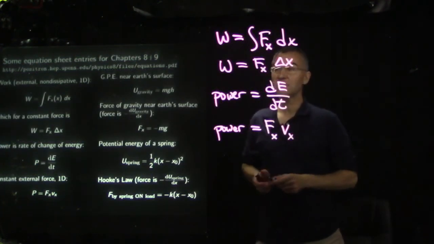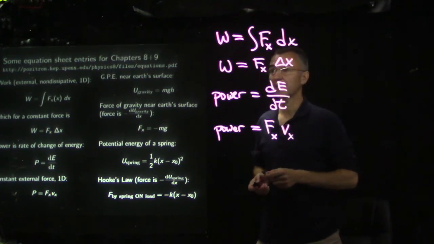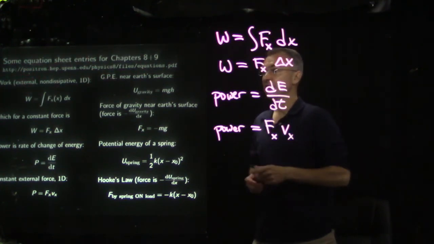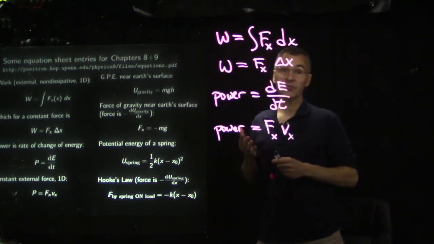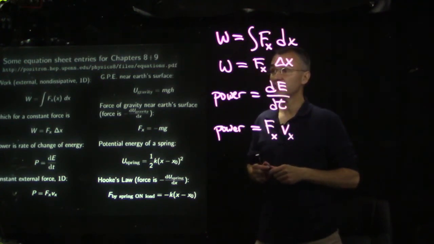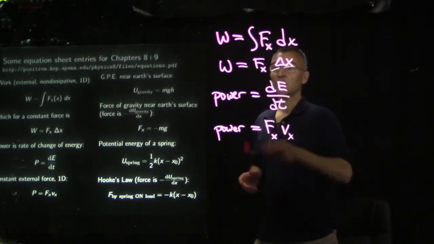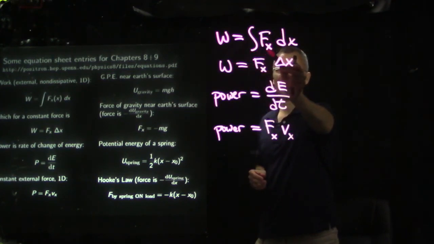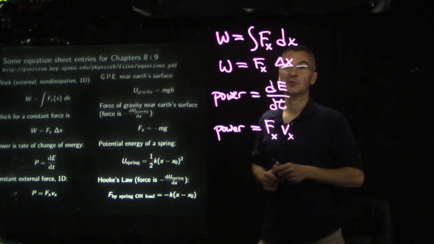So here's some stuff from the equation sheet for chapter 8 on forces and chapter 9 on work. For an external force acting on a system in one dimension, and it also has to be a non-dissipative force, this is not true for friction, work is the integral of the x component of force with respect to position x or displacement x.